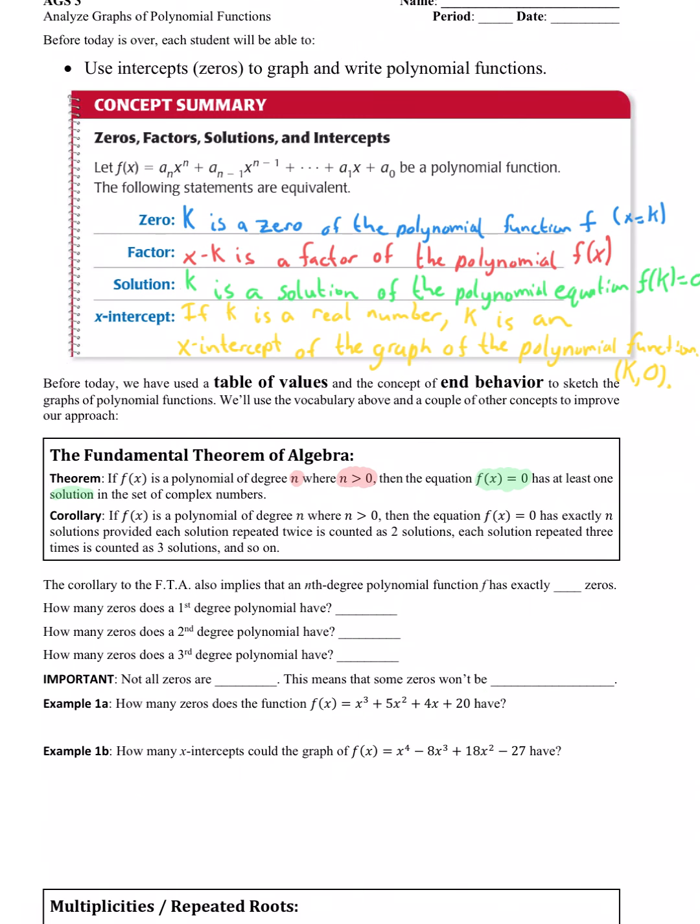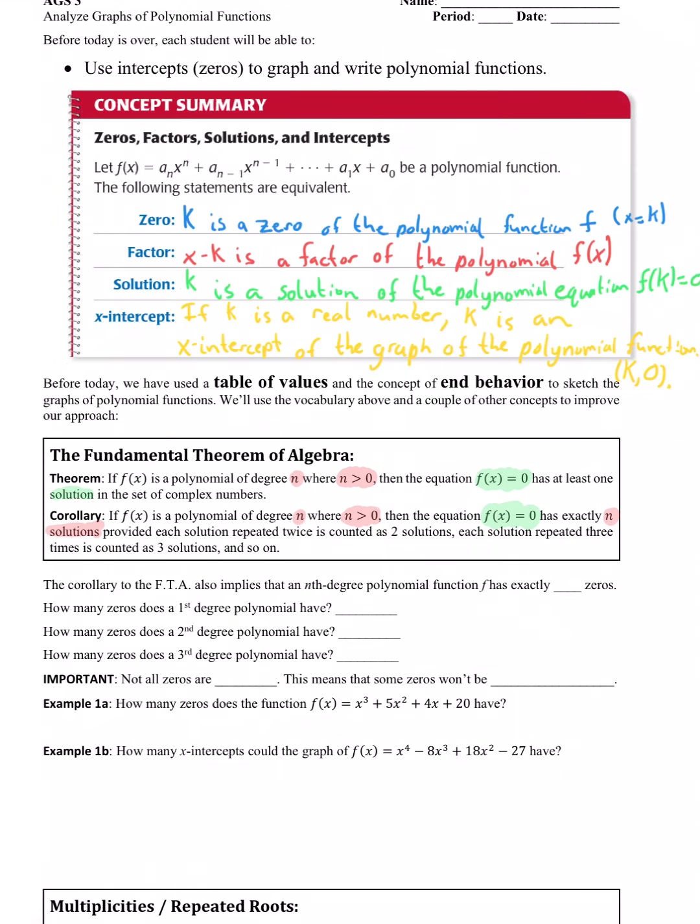And then the corollary says, this is really important, if a polynomial has degree n greater than 0, then the equation f of x equals 0 has exactly n solutions, provided each solution repeated twice is counted as 2 solutions, each solution repeated 3 times is counted as 3, and so on.